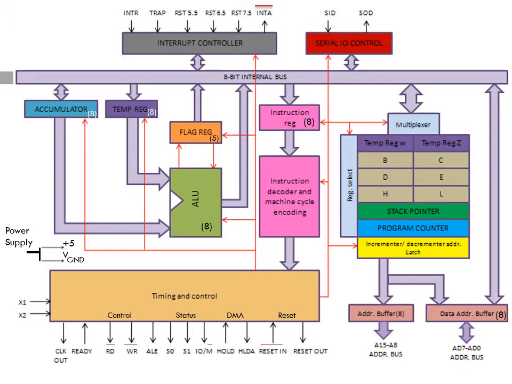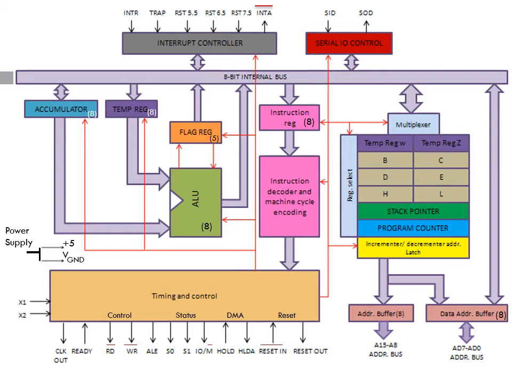And you are having a set of registers, the temporary register WZ. We are having the registers B, C, D, E, H and L. So these are the registers, and you are having the stack pointer, which basically points to the memory stack, and the program counter, which holds the address of the instruction that is being executed or that is going to be executed.